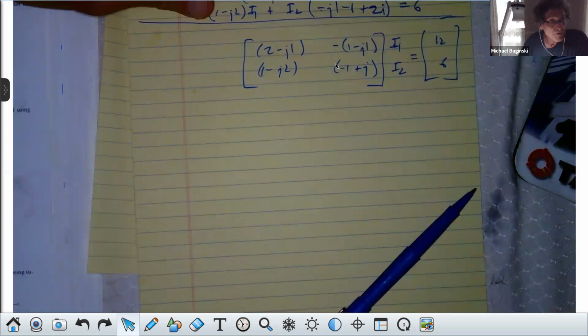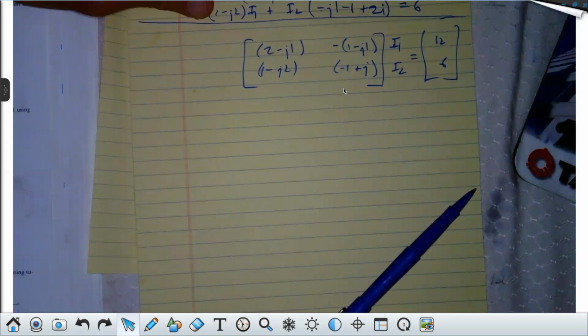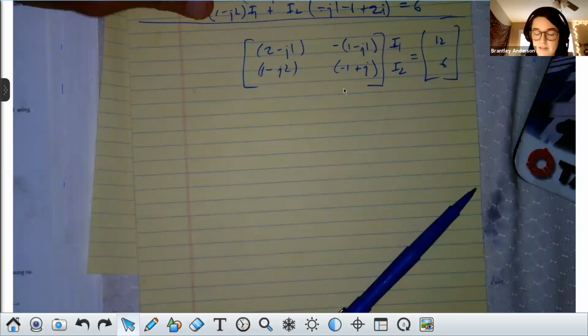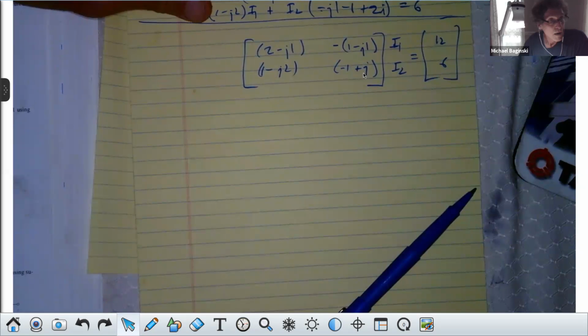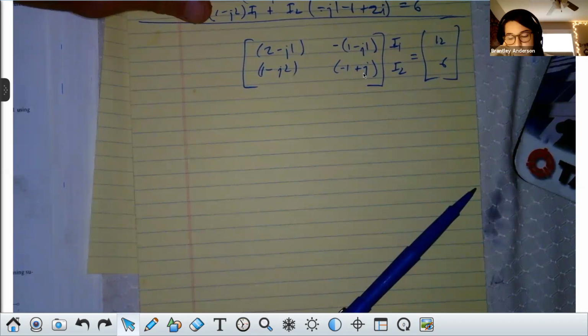Does it have this matrix? Oh, so it's a little different. The I2 second part of the matrix, like the -1 plus J, it has that as 1. And then it has -6 at the end.